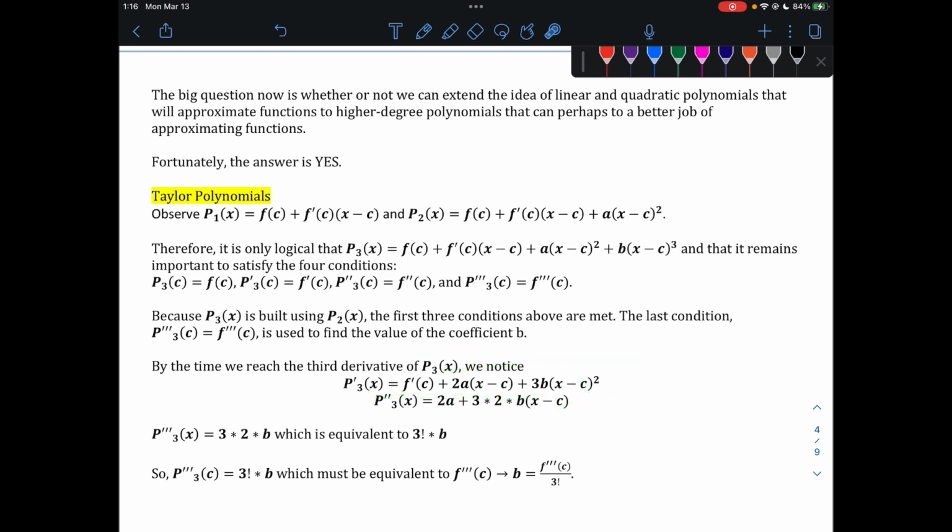So then p triple prime would just be this right here. In other words, it's 3 factorial times b. So p triple prime has to equal 3 factorial times b, and if we do some maneuvering, b would have to equal f triple prime over 3 factorial. So you might start to see a pattern developing here.